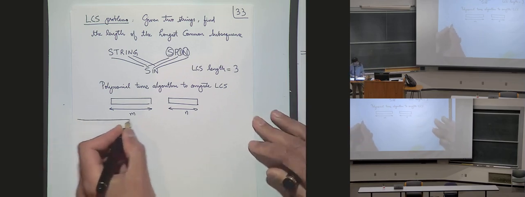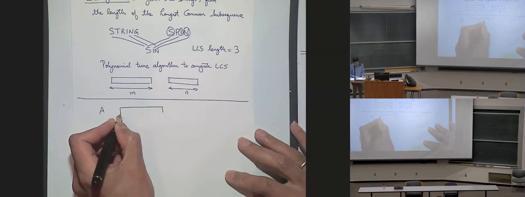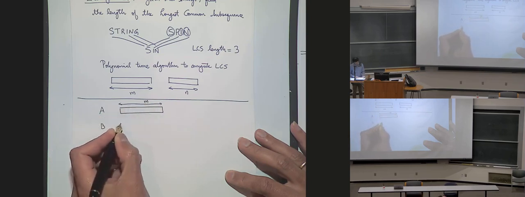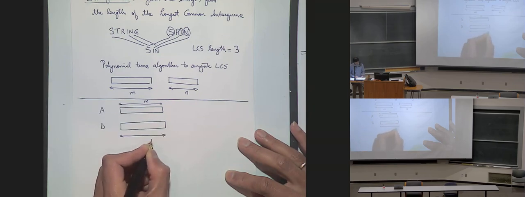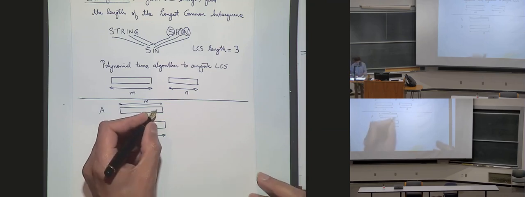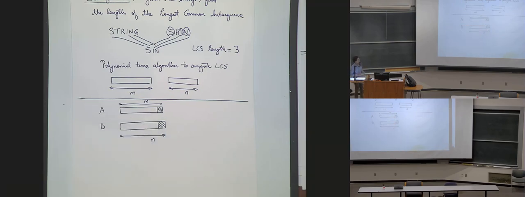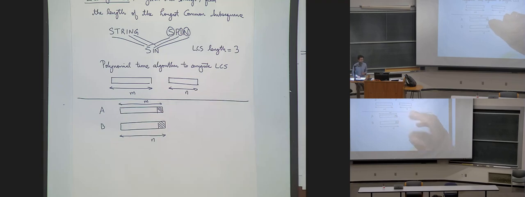So how does the recursion work? I'm just going to call my two strings A, which has length m, and B, which has length n. So what are the options? I can look at the last character of those. If they match up, then I get a recursive problem.